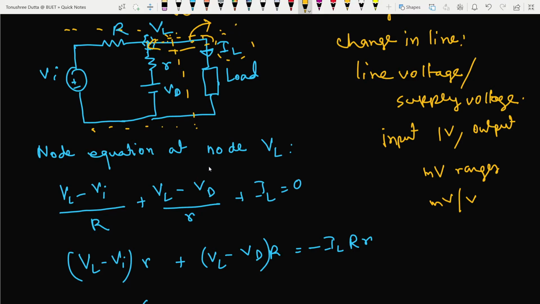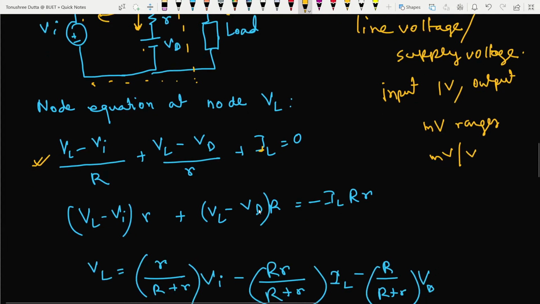If I write my node equation at VL, I get (VL minus VI) divided by R as the first term, and then (VL minus VD) divided by small r as the second term, plus IL. I have written the equation in such a way that all three currents, all three branches, are going outwards. So the summation is going to be 0.